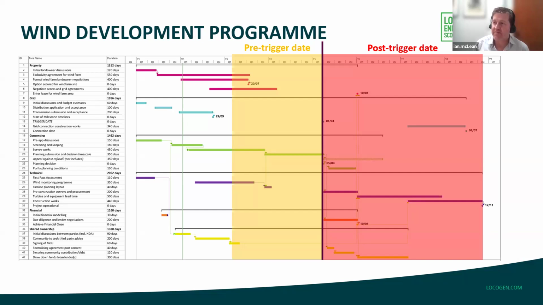Generally, the trigger date is a point around about 3.5 years before a project is to be connected, whereby the liabilities and security, so basically the cancellation penalties applied to a project, go from relatively small amounts pre-trigger date to potentially millions of pounds post-trigger date.